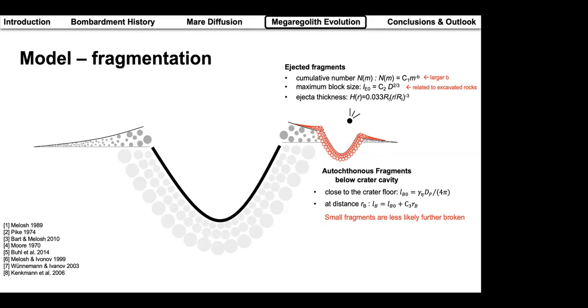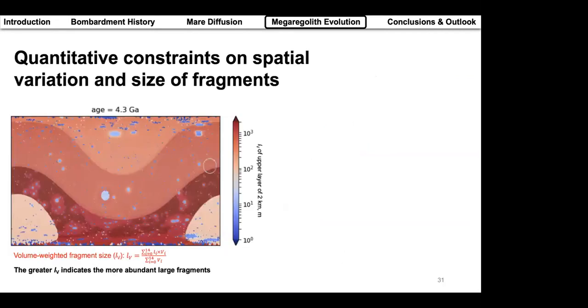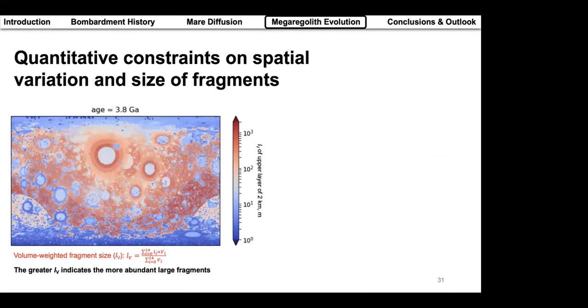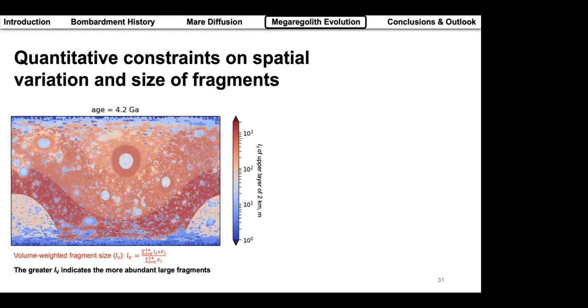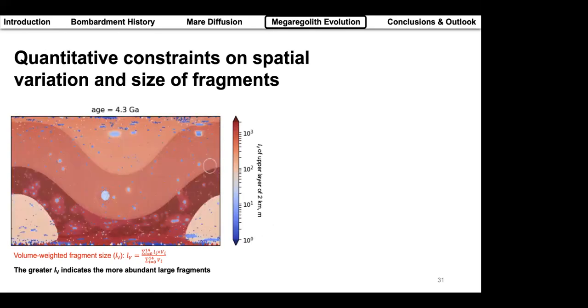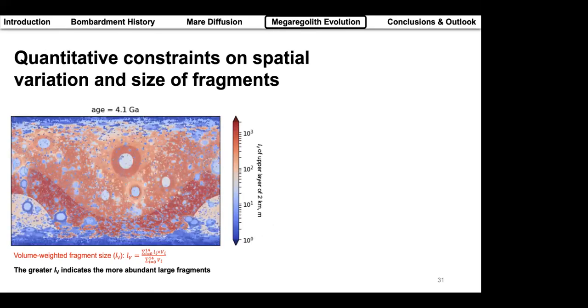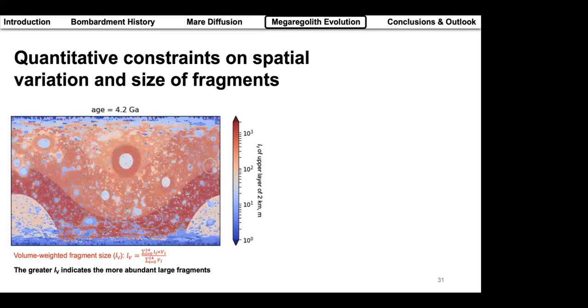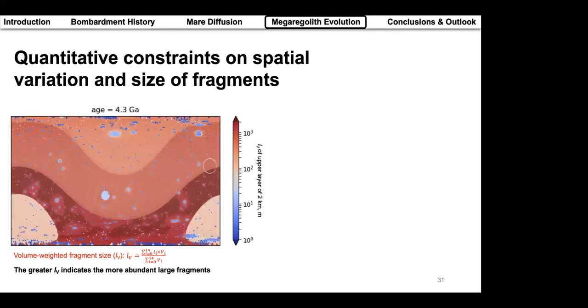With this improvement, this is the simulation result with the improved model. You can see in these animations, I introduce a volume-weighted fragment size, LV. What does this LV mean?